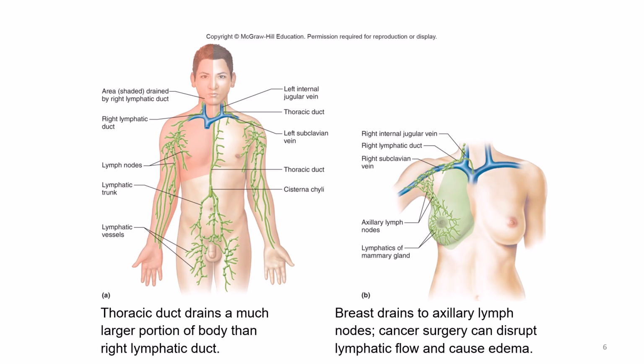Here, the picture on the left, this is showing the thoracic duct, and it's showing how it does drain from the different parts. But then on this side, it is also showing the right lymphatic duct.